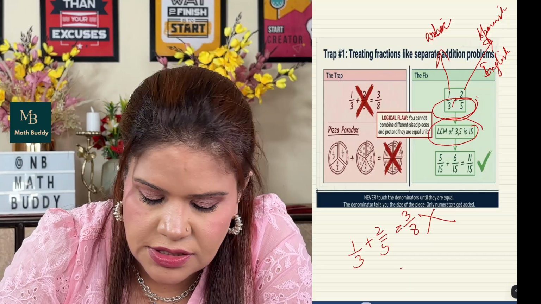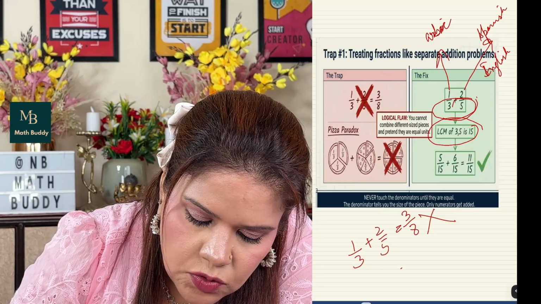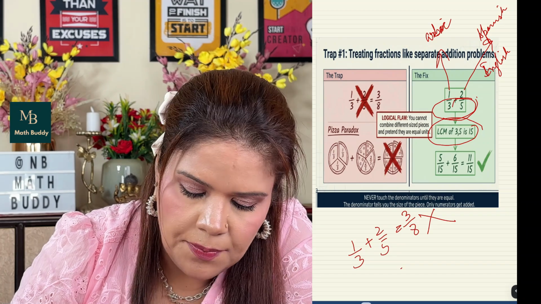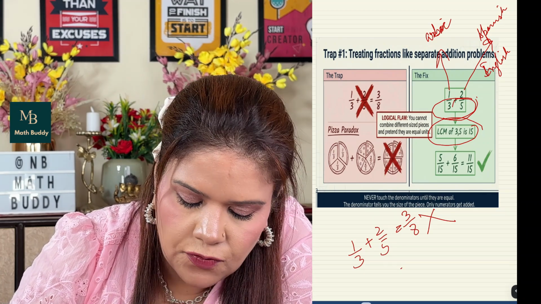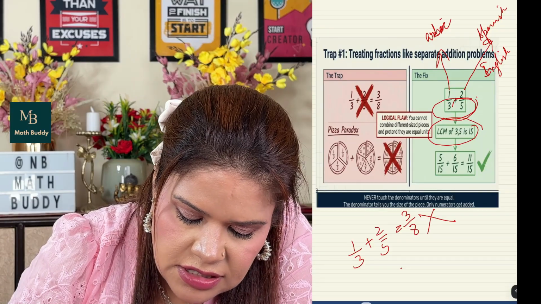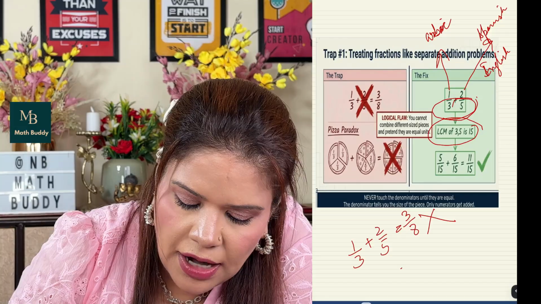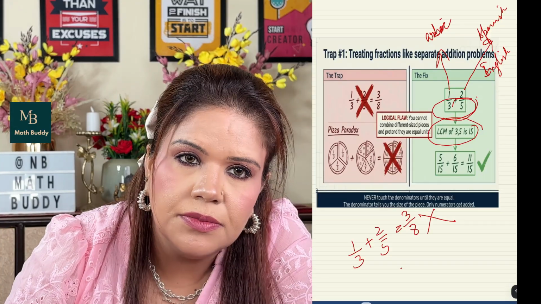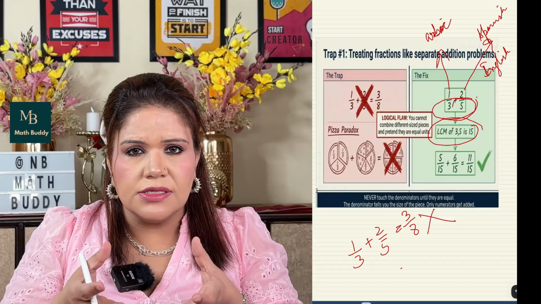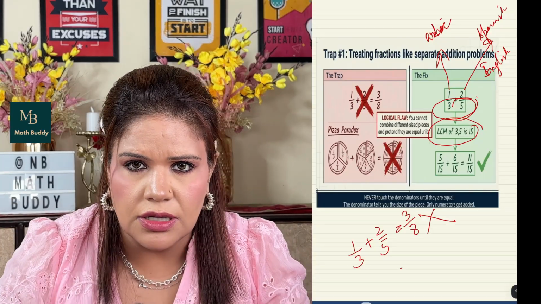How? Now understand. There was a pizza, it was divided into 3 pieces. Suppose you're getting one out of these 3 pieces, and this same size pizza was divided into 5 pieces and you are getting 2 pieces out of it. So can you add them? Can you add those 2 pizzas? Can you add their sizes, or can you make out how much they are?